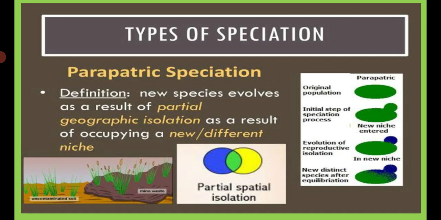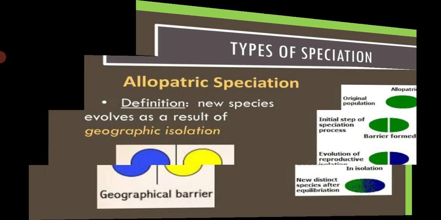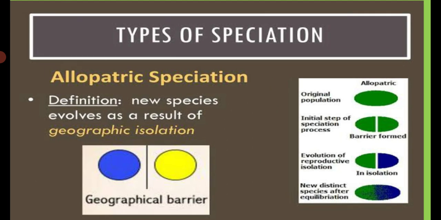Then parapatric speciation. In parapatric speciation, a new species evolves as a result of partial geographical isolation, occupying a new or different niche. In allopatric speciation, a species from one population goes to another region, evolves there and forms a new species.